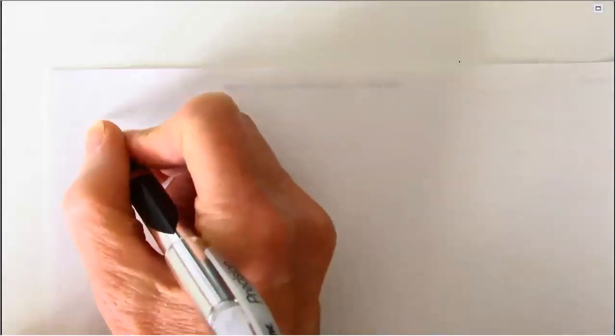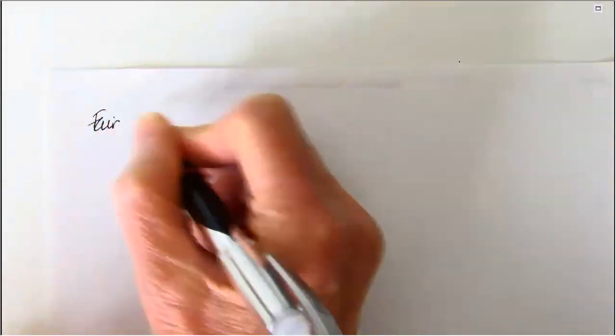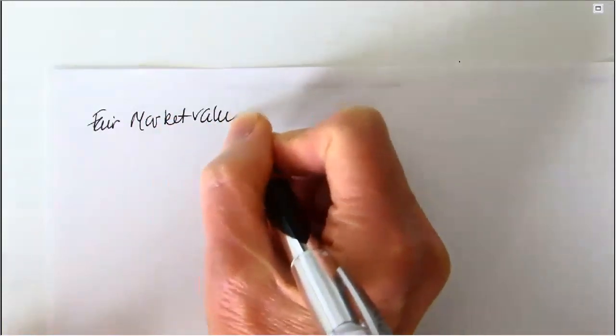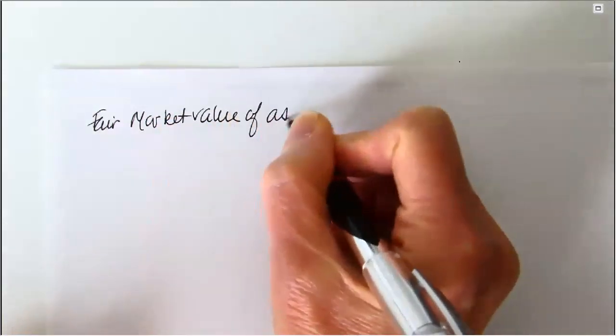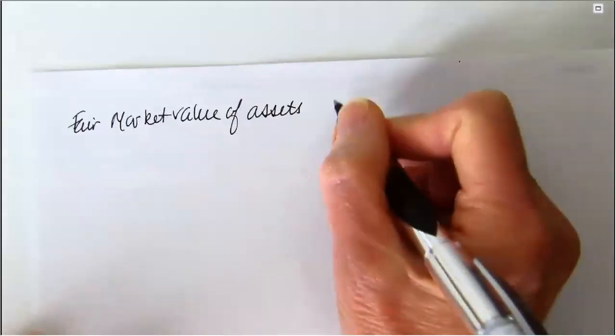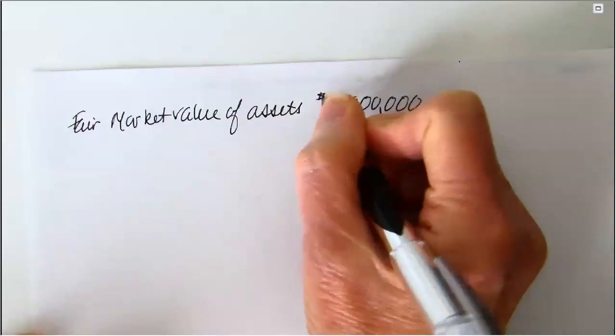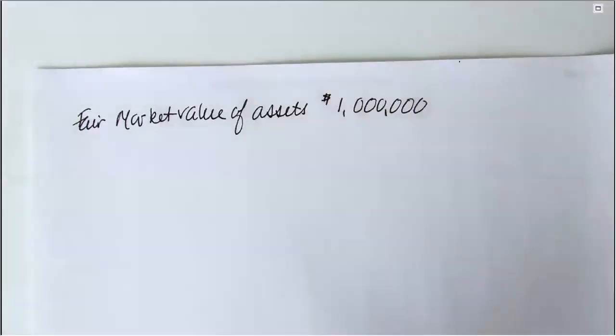So I get someone in to appraise the business, and the fair market value of my assets is $1 million. That's how much the appraiser says the land, building, and equipment are all worth.